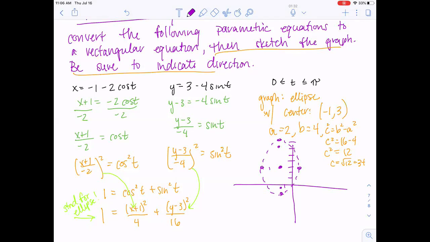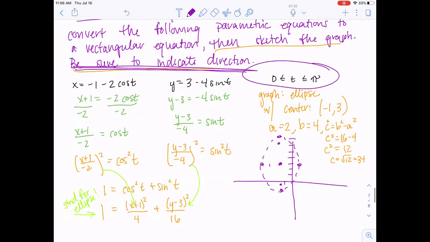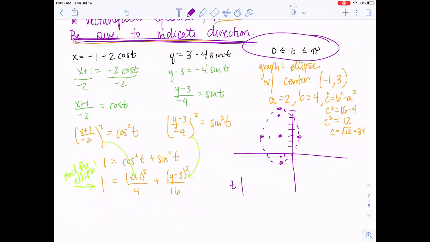Now we need to go back to the fact that this is parametric. Be sure to indicate direction, and t is only going from 0 to pi. So we're going to make a chart. I'll put my t's up top, and then my x values and my y values.